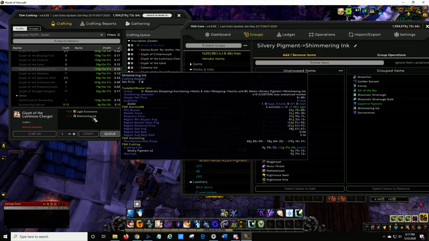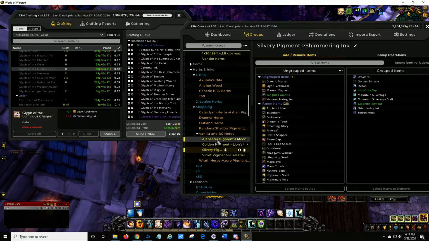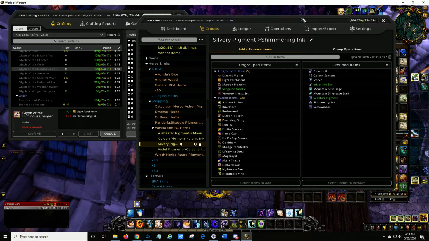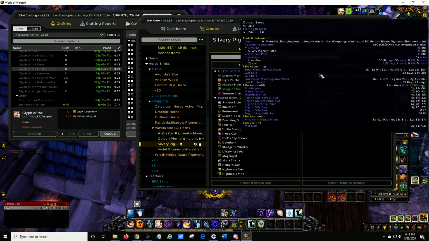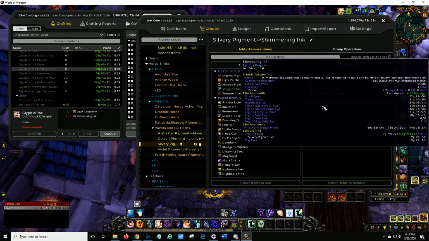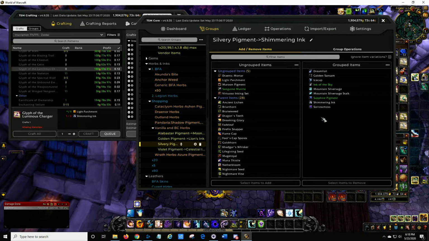So here I can look and from the name I've given it, I know that shimmering ink comes from silvery pigment, and it's also from vanilla and BC herbs, which I should probably have something a little more descriptive even there. But in this group, I've got the herbs that I need to look for on the auction house in order to make this pigment.